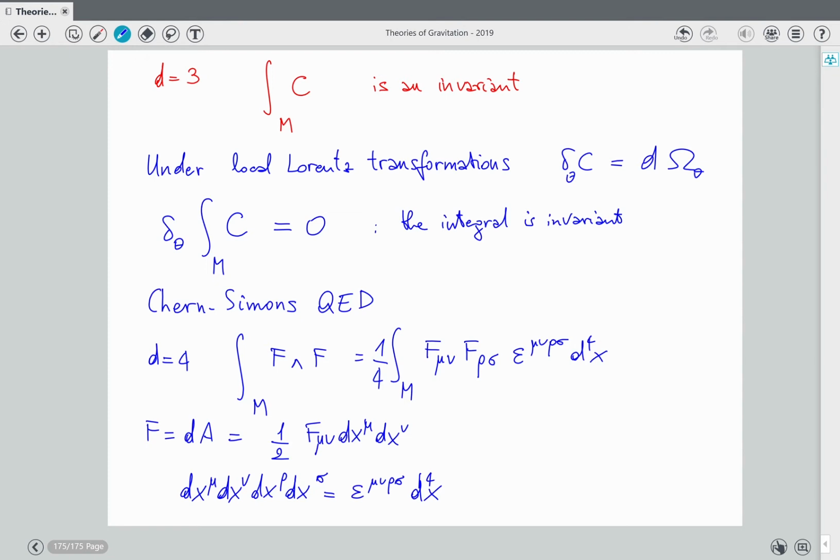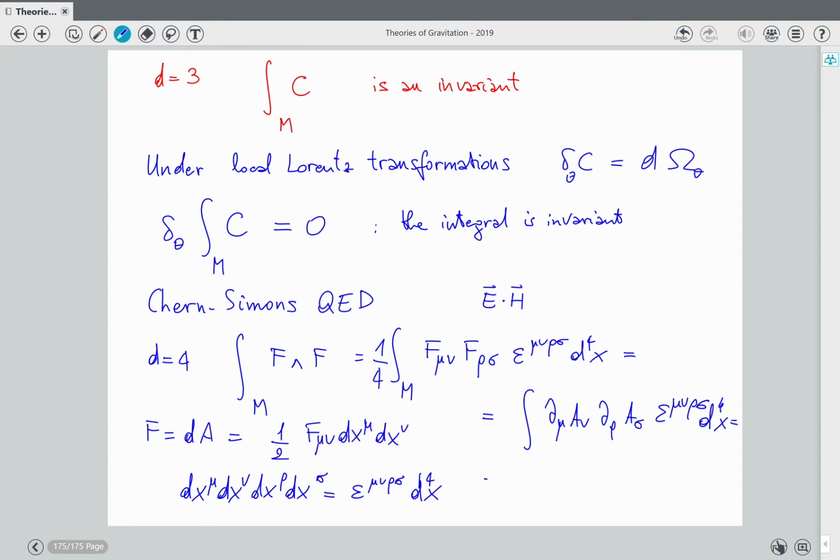This is the invariant E dot H, using the electric field and the magnetic field. It's not the Lagrangian. The Lagrangian is E squared minus H squared, and that is F_μν F^μν. So this is a little peculiar. Well, you can write this also as ∂_μ A_ν ∂_ρ A_σ ε^μνρσ.